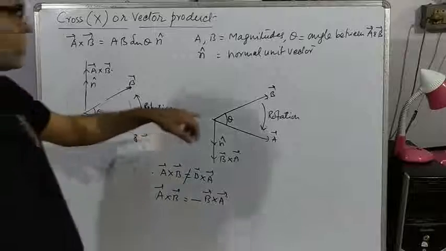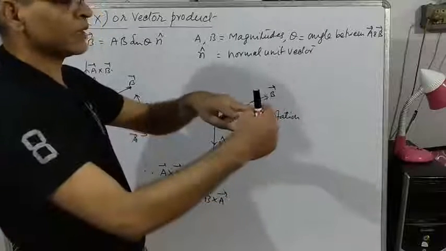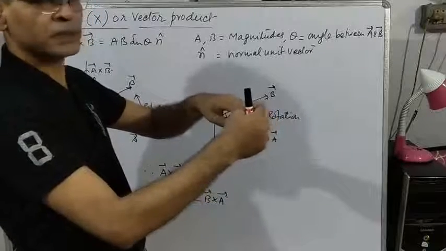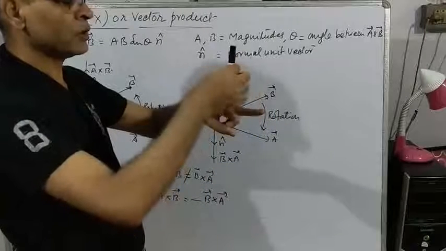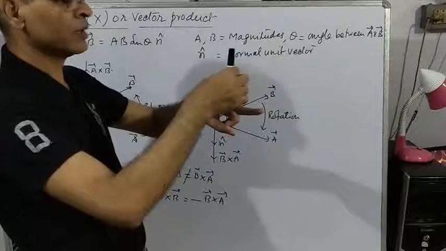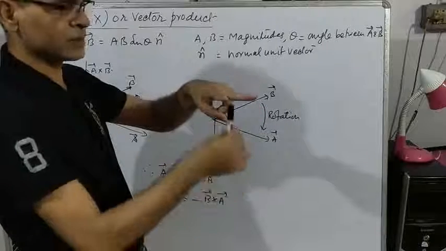Similarly, if you want to know B cross A, then you have to rotate B towards vector A, assume some right hand screw. So screw will rotate like this and it will go in this direction.